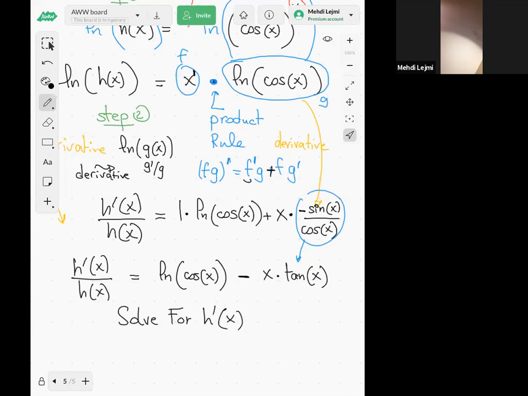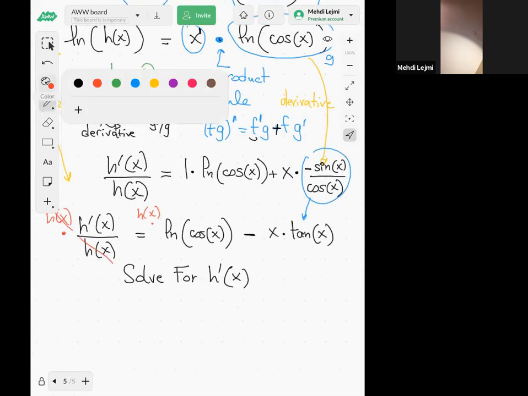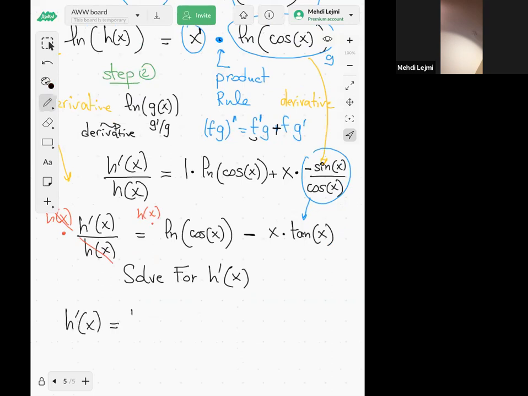We're gonna multiply here by h of x and here by h of x. So then h of x cancels out. So then h prime of x is equal to h of x times the whole thing, of course. So then times natural log of cosine of x minus x times tangent of x.